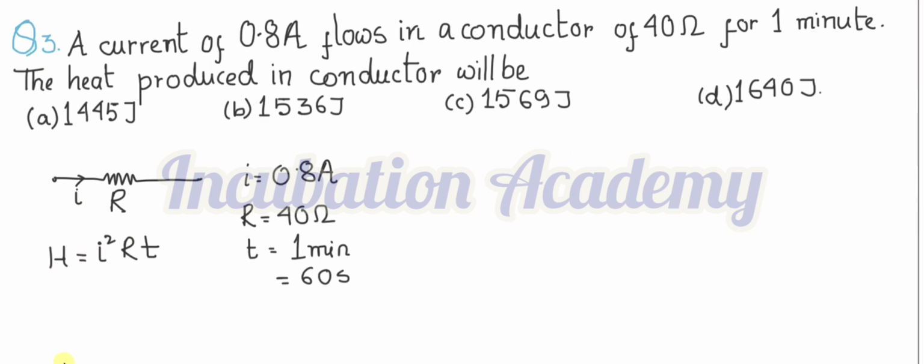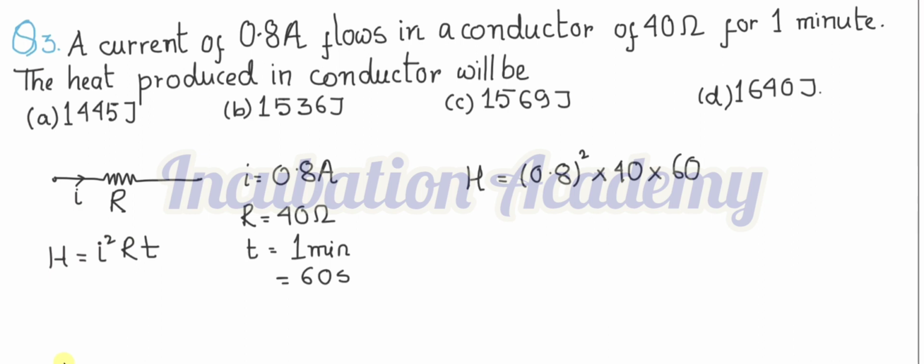So let us put this in the fundamental equation, H is equal to I square R T. So H equals 0.8 whole square, R is 40, and T is simply 60.